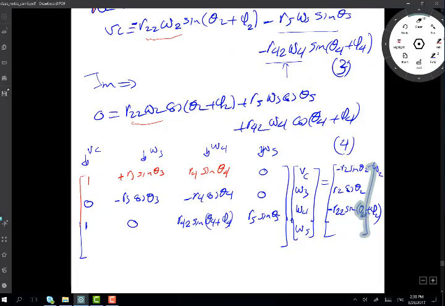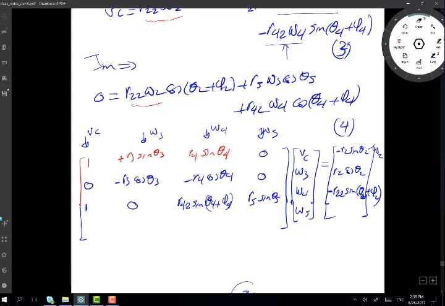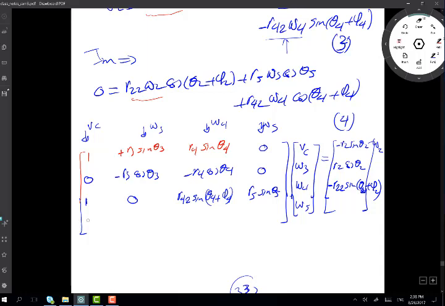I don't know if I can clean this up a bit. That's difficult. I'll just leave it and pretend we can read this as sine theta 2 plus phi 2. And then the last equation: VC corresponds to 0, omega 3 does not exist here, and omega 4 corresponds to this specific term, so that's minus R4 cosine theta 4 plus phi 4.